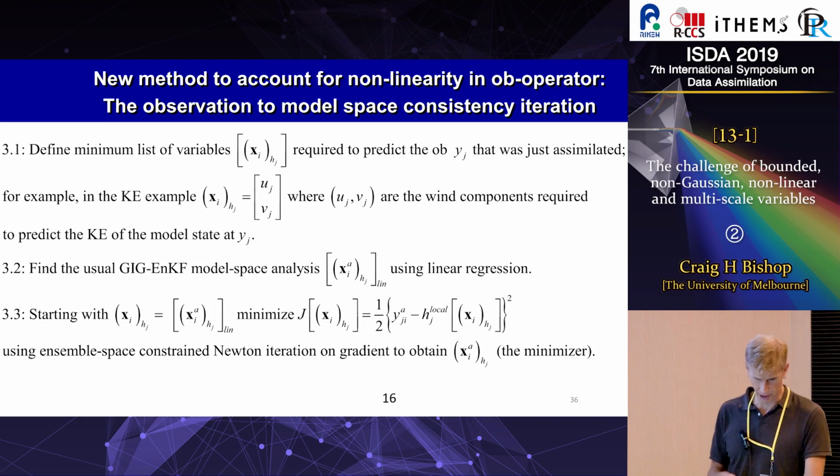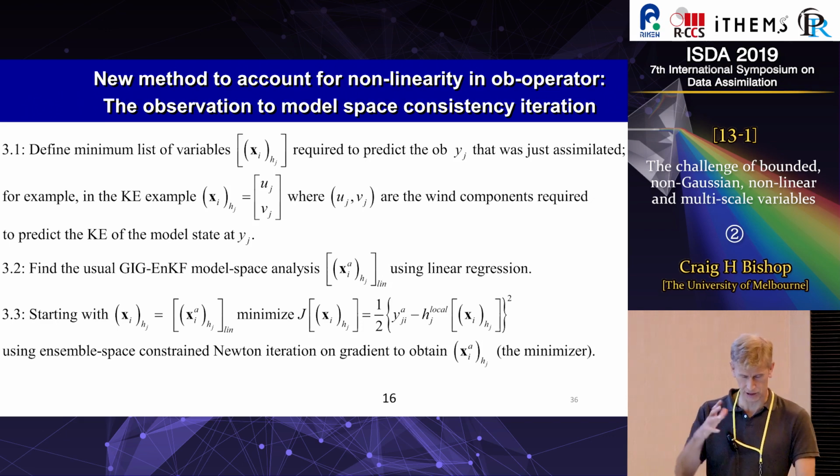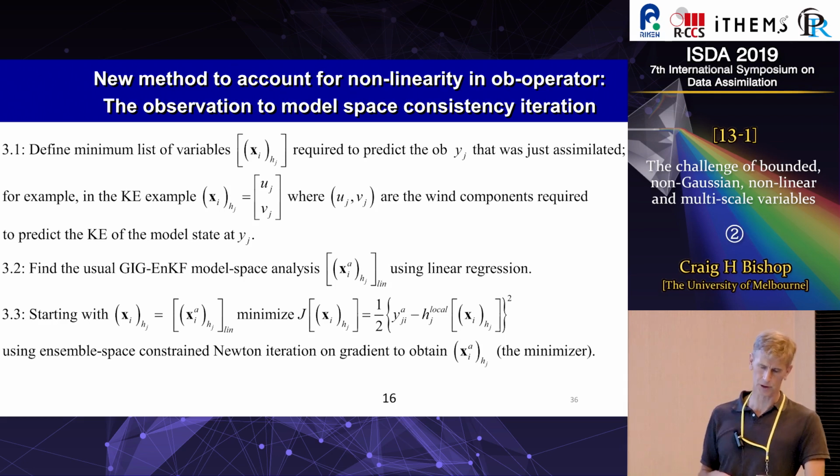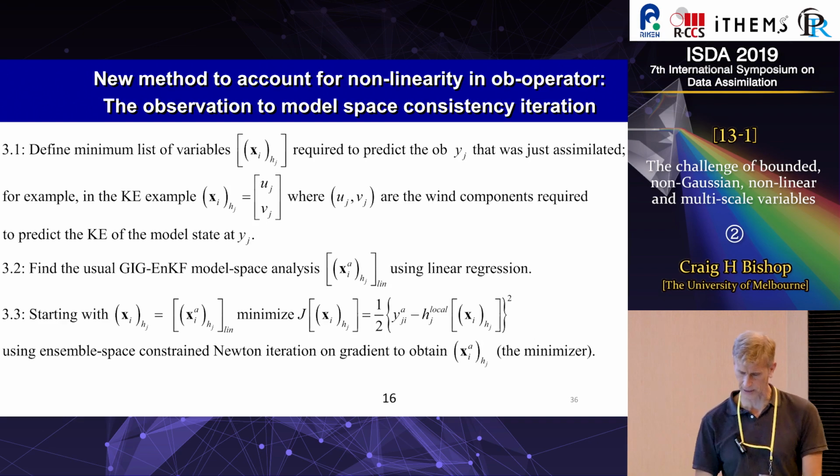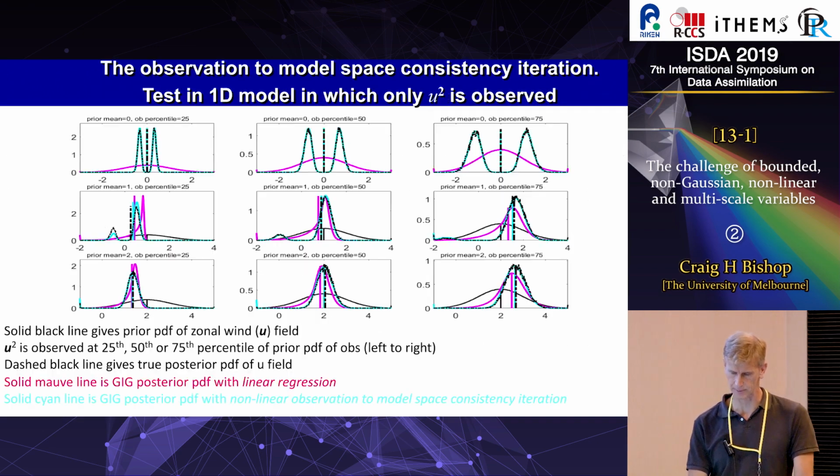I'm going to do ensemble space constrained Newton iteration. So I'll only allow myself to move in the direction of ensemble perturbations, which we hope are physically based. But I'm going to move down those directions until I've got an xi. When I apply the nonlinear operator to that, I'll exactly map onto the corresponding analyzed point in observation space.